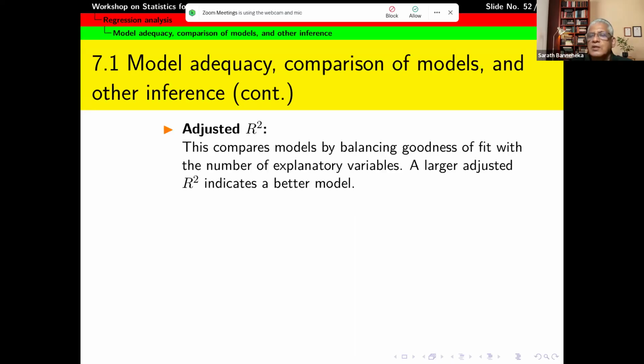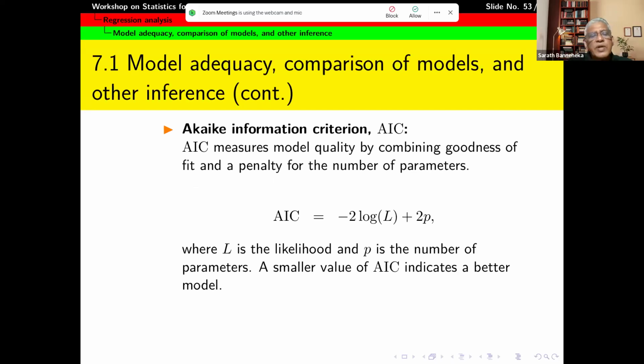So adjusted R square is used. If R square was used earlier, now you can look at adjusted R square, but I think at the beginning also it's better to look at the adjusted R square. And in addition to that, of course, several other criteria.